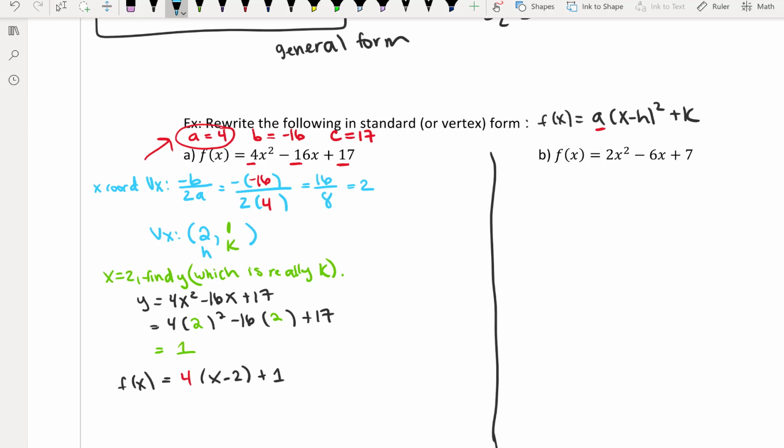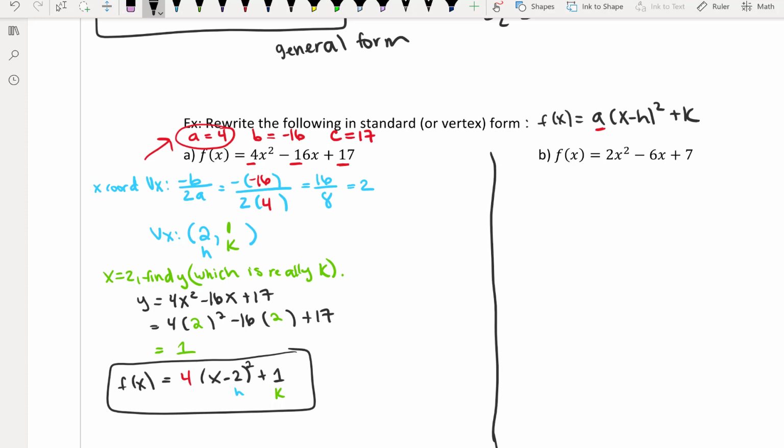And just so you remember, this was my h, and that was my k value. And so that is going to be my final answer. 4 times x minus 2, oops, I forgot one thing, squared, there we go. 4(x minus 2) squared plus 1.